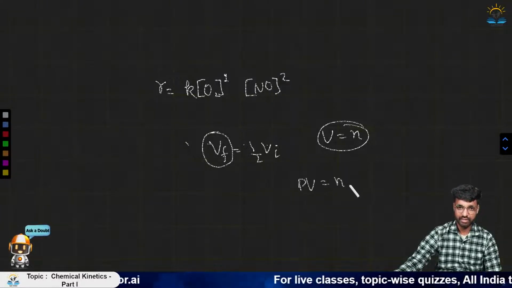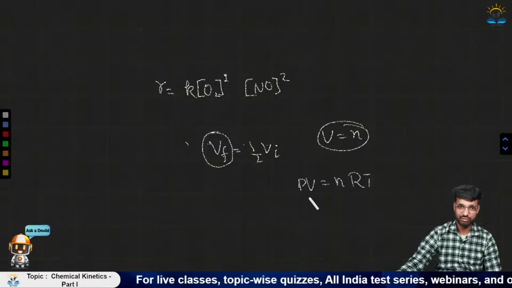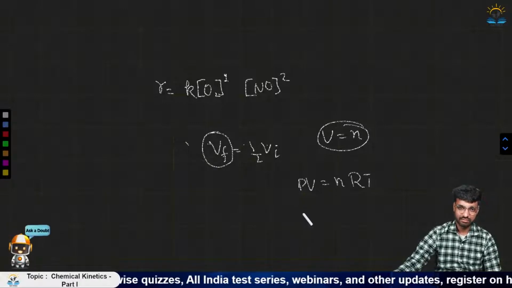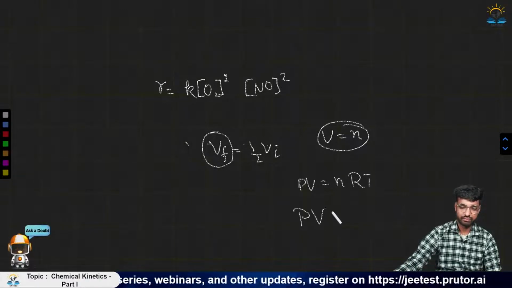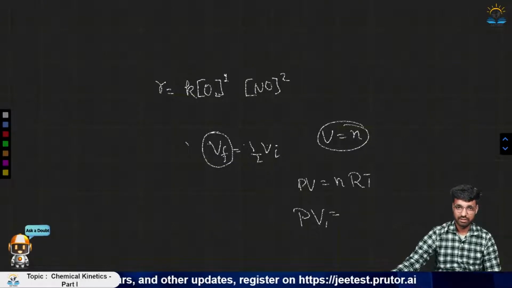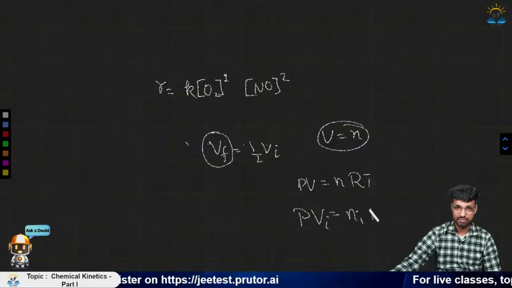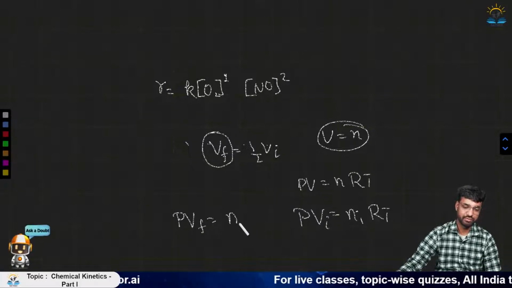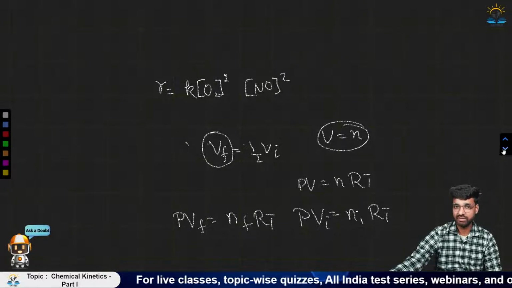PV is equal to nRT. The temperature and everything else are the same, only the volume has changed. So we can write PV initial is equal to n initial RT and PV final is equal to n final RT.